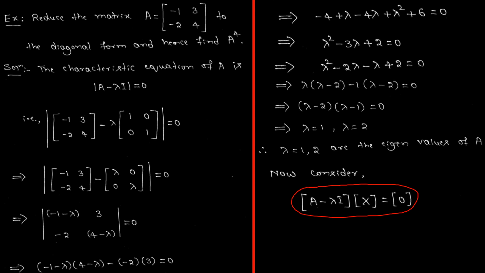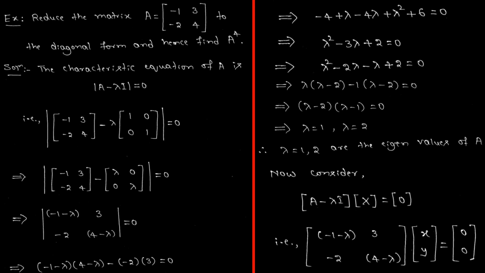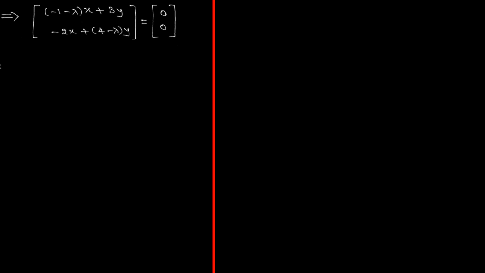To find the eigenvectors, you need to consider this form, where A is the given matrix, I is the identity matrix, and X is the vector. Second row is this. Multiply this second row with this column, you get the second entry in the product. Now with the help of equality of two matrices, we can equate these two elements.